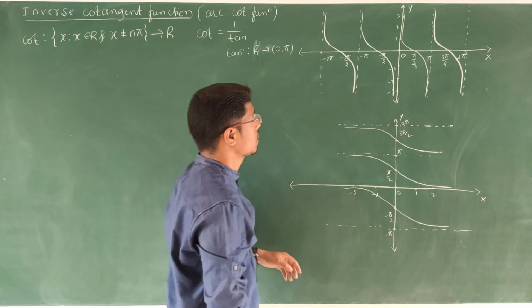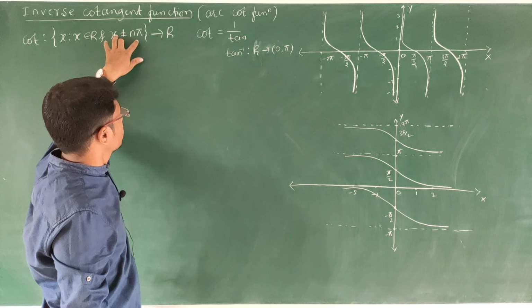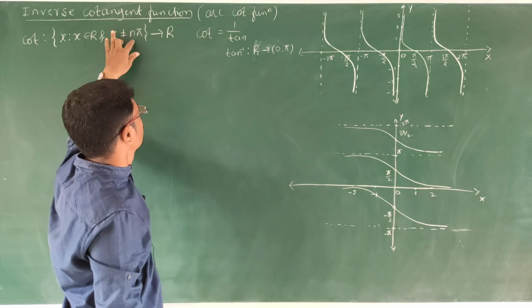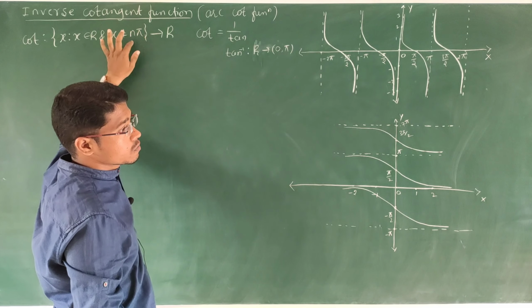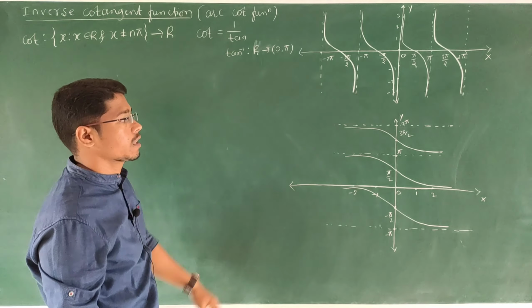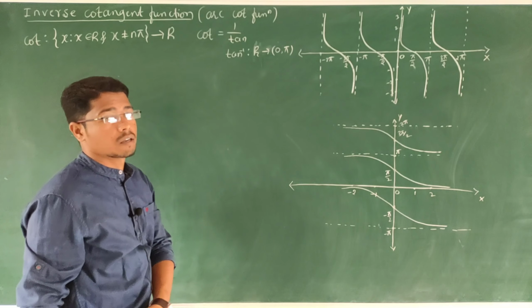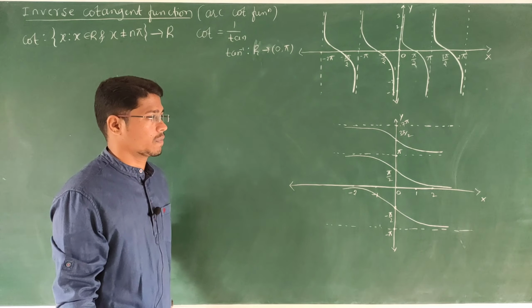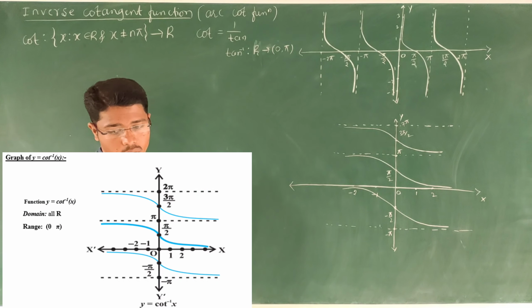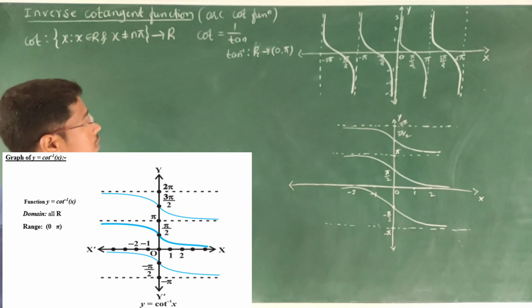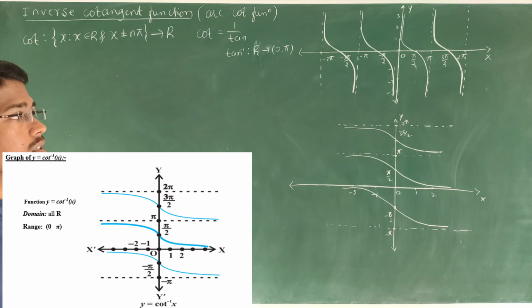So x is not equal to n pi, where n equals 0, 1, 2, 3, minus 1, minus 2, minus 3, anything. Okay, this is about the cot. However, by restricting its domain, we can define the cot inverse function.